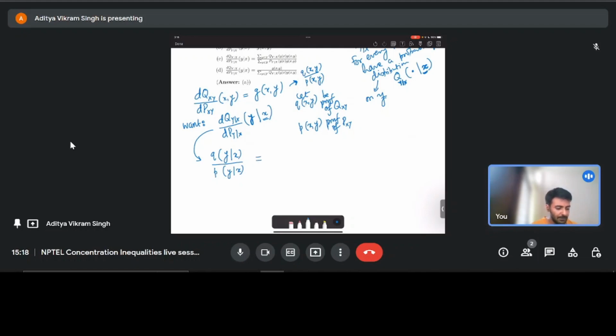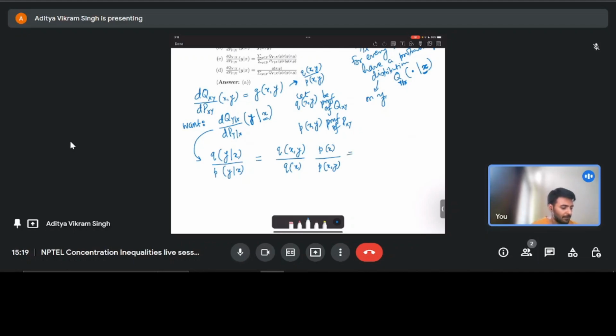Okay, so what is this? We can apply Bayes rule. So q(y given x) is what? It's q(x, y) by q(x). Similarly, p(y given x) is p(x, y) by p(x).